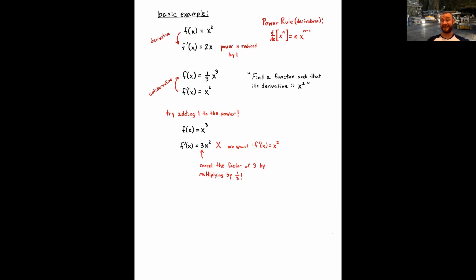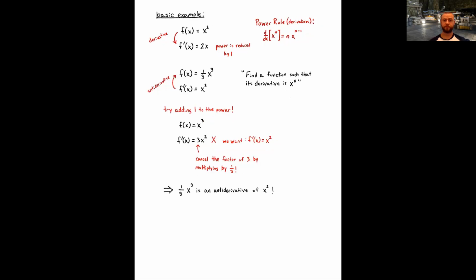We can cancel it if we include an extra factor of 1/3. Now, if we combine that with the power rule, we can say a function that differentiates to x squared is 1/3 x cubed. What we now say is 1/3 x cubed is an antiderivative of x squared.